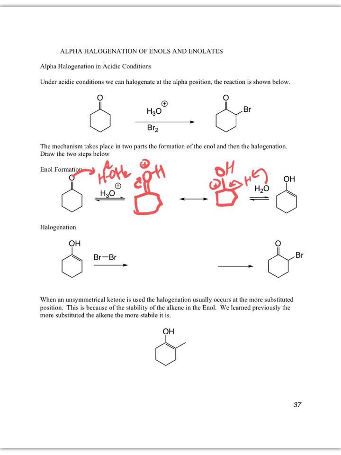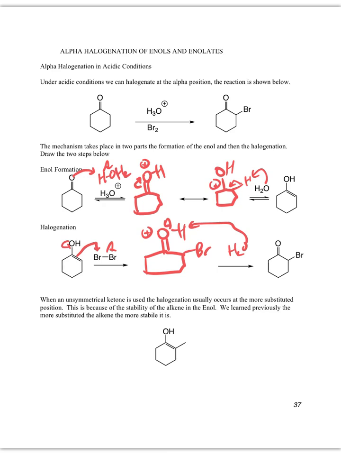From the enol, we can have the enol attack a bromine, kick out a bromide, which would give us a double bond with a positive charge and that alpha bromo, and then water would come in to remove the extra hydrogen off of our carbonyl to get us to the alpha bromo carbonyl.